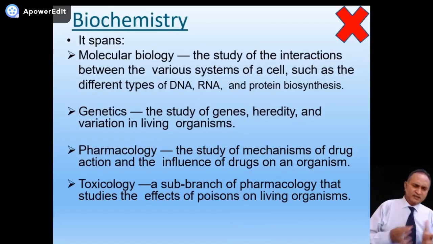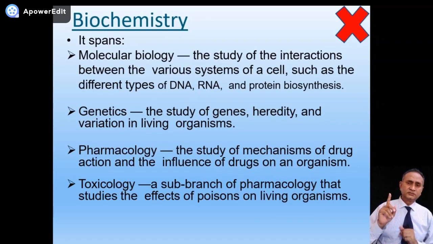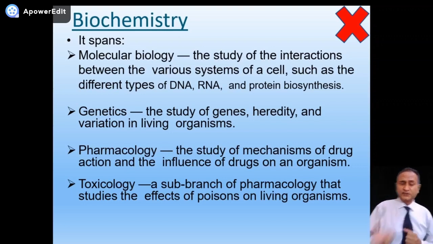Biochemistry is directly related with pharmacology. See the cross, right side top? Pharmacology is the study of medicines on human beings, the study of the mechanism of drug action. This is very important for doctors. Besides pharmacology, there is toxicology, the study of poisonous substances. Another one is genetics.